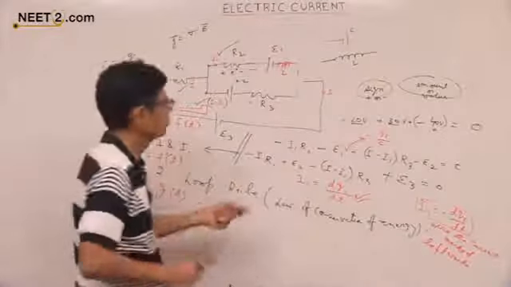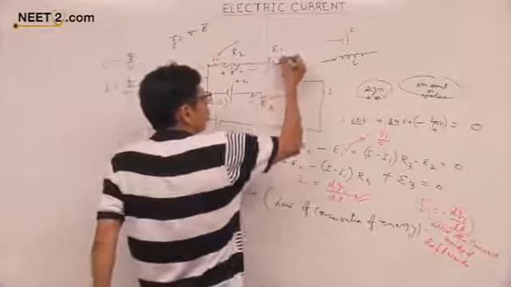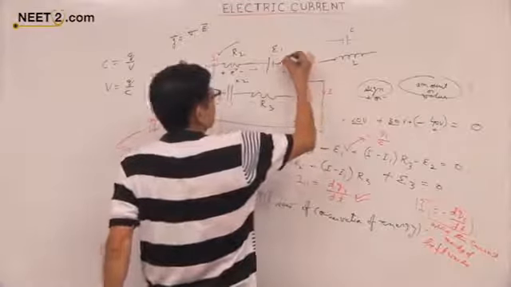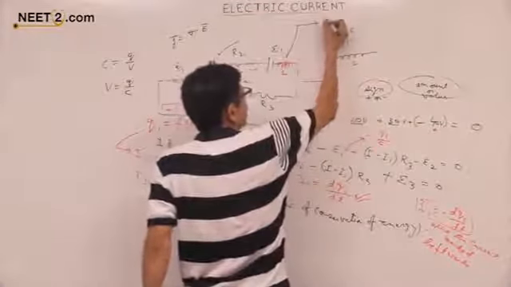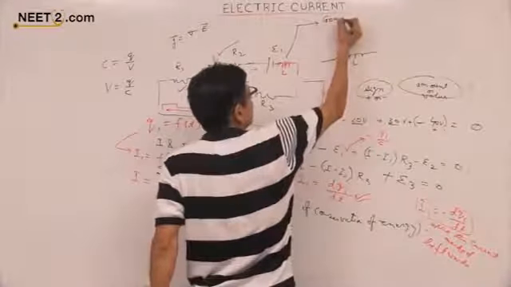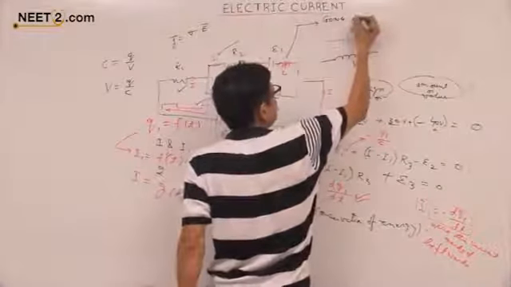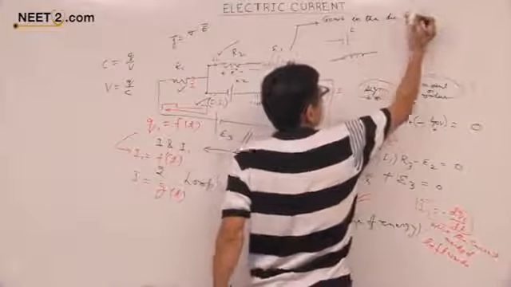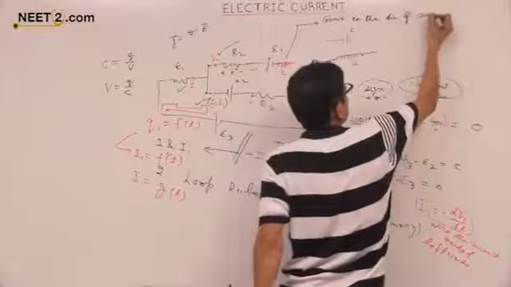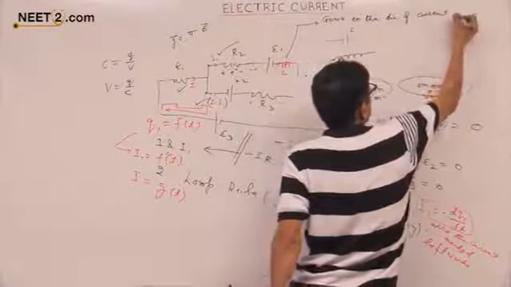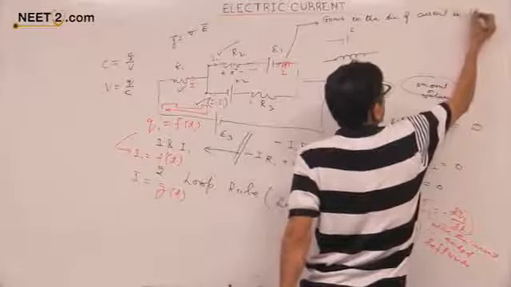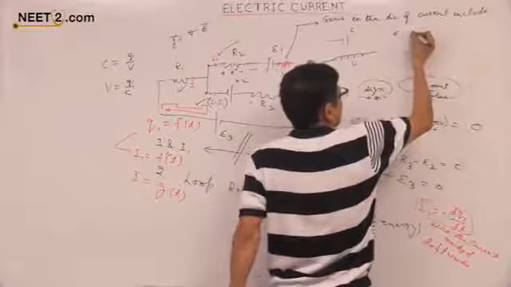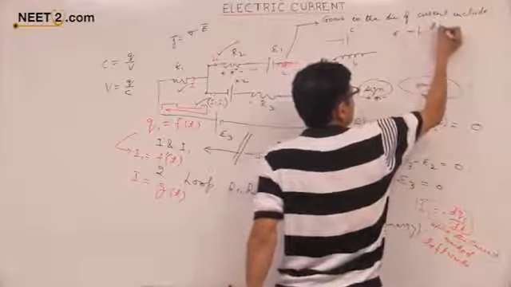So the rule is the following. I'll write the rule here. Going in the direction of current, include a minus L di by dt term.